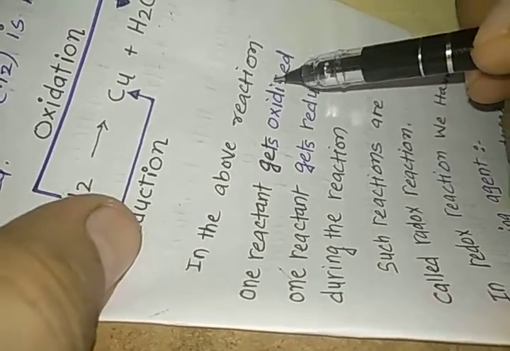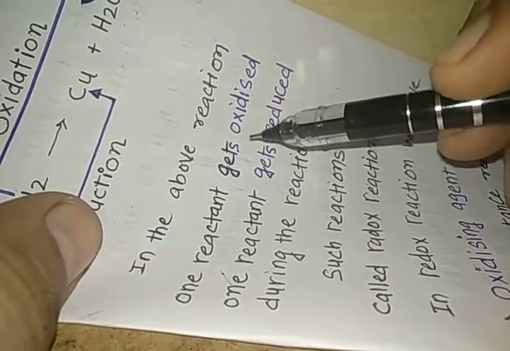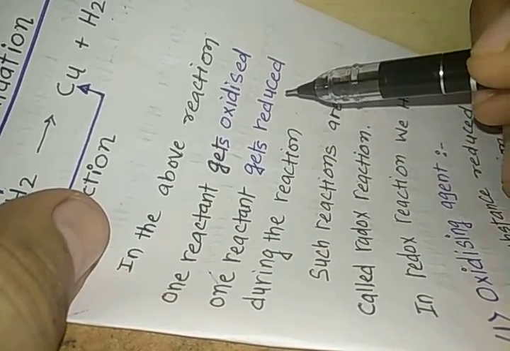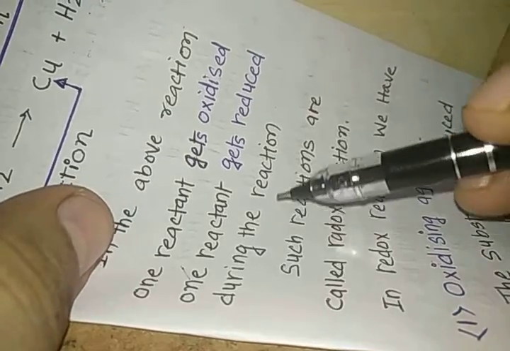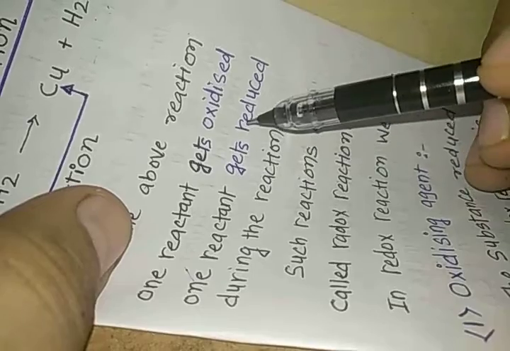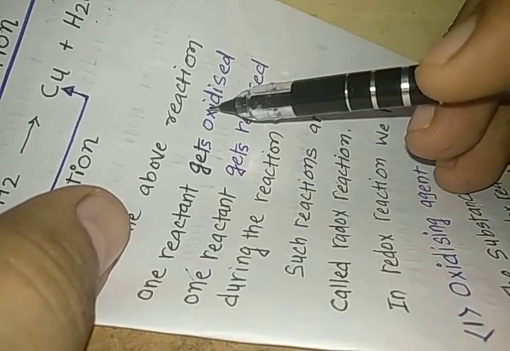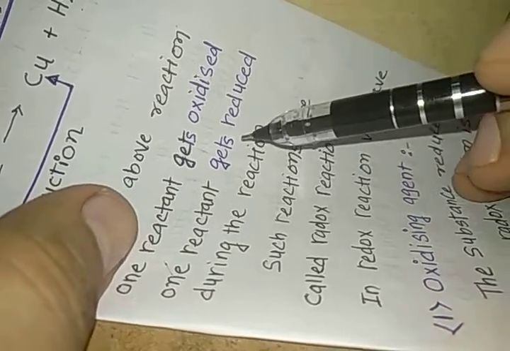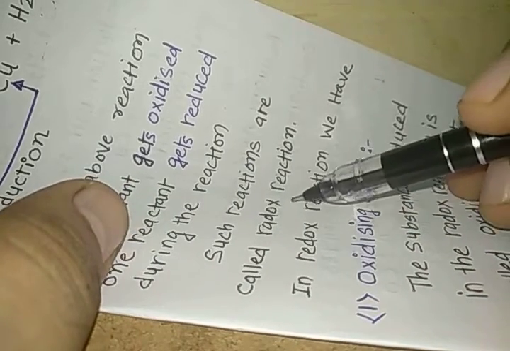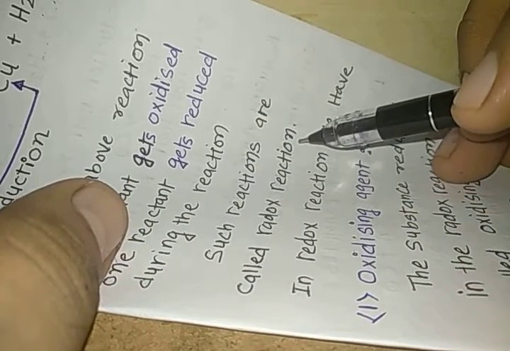In the above reaction, one reactant gets oxidized and one reactant gets reduced. So during the reaction, one substance is oxidized and another substance is reduced. That means oxidation and reduction take place simultaneously at the same time. Such reactions are called Redox reactions.